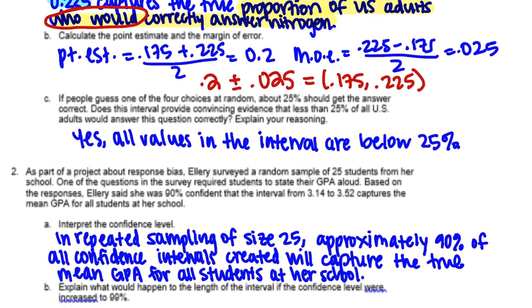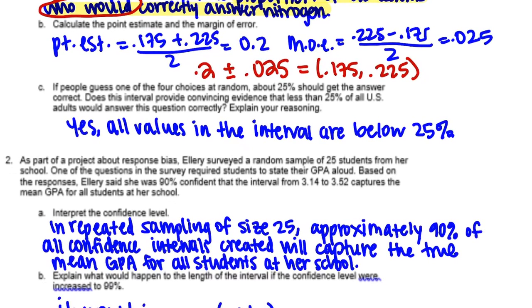And then here, I would just say, like, 25% is not plausible according to our interval. So that means we have evidence against it.